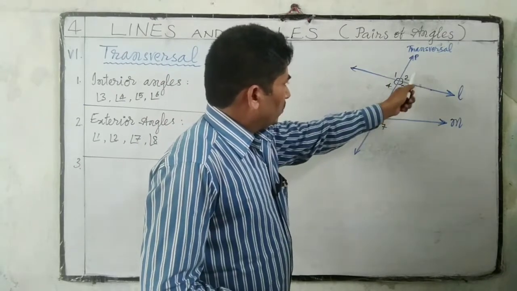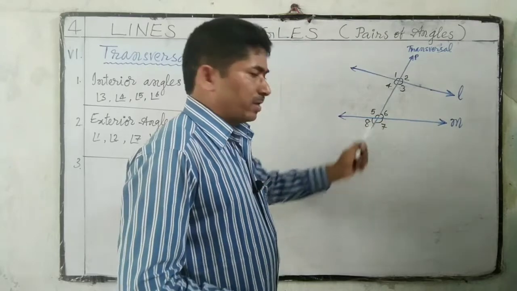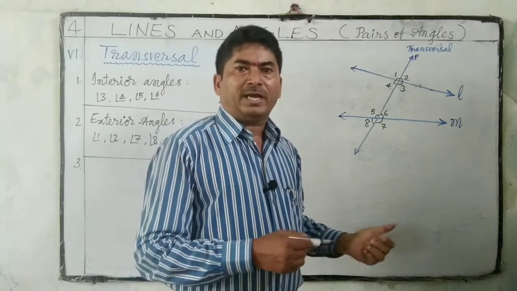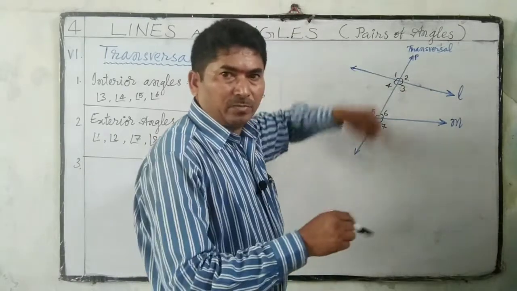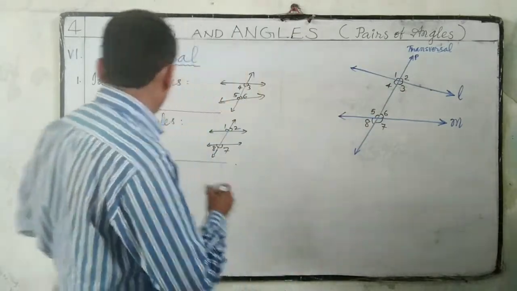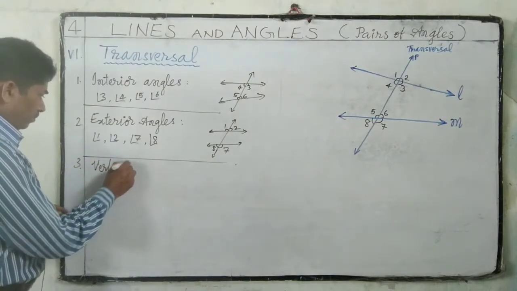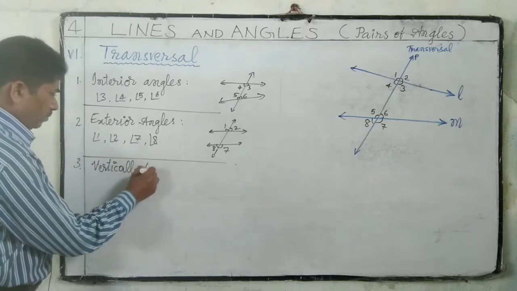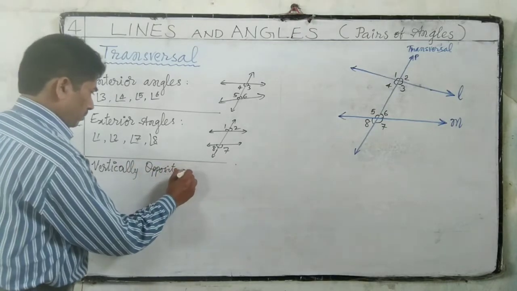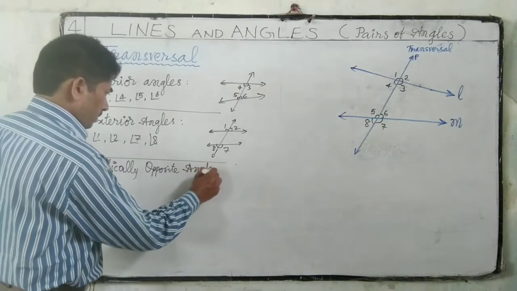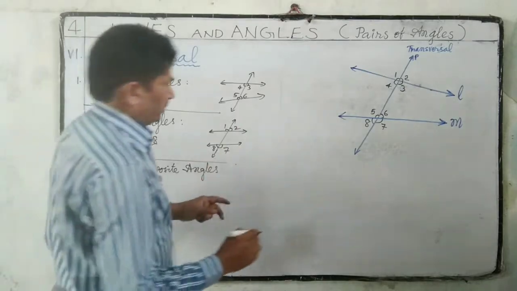1, 3, 2, 4, 5, 7, 6, 8 are called vertically opposite angles. These are 1, 3 opposite, vertically opposite angles. Vertically opposite angles are 4 pairs.